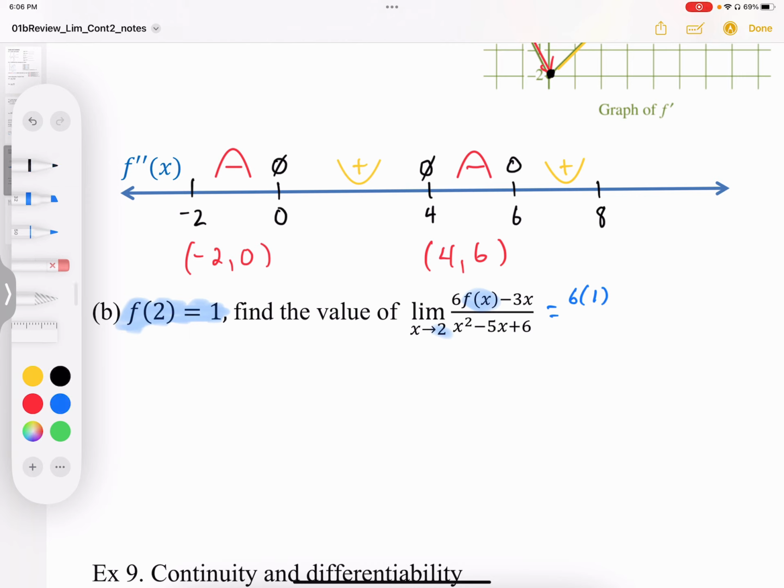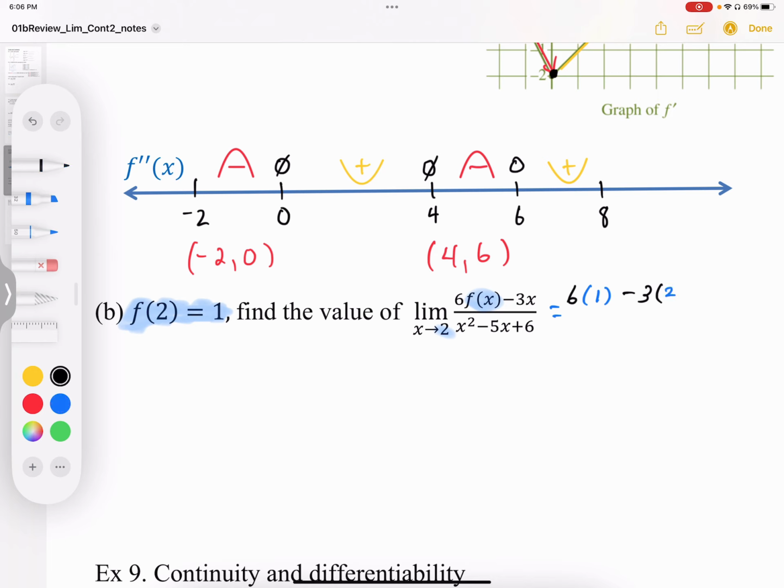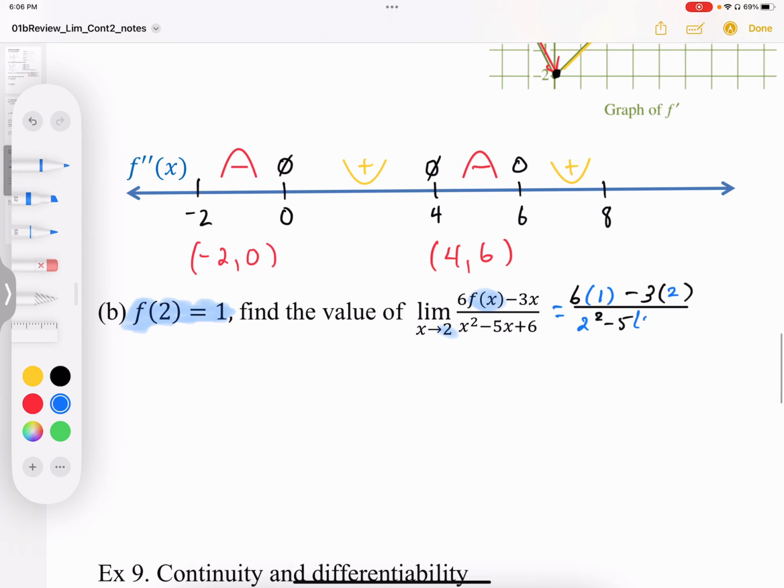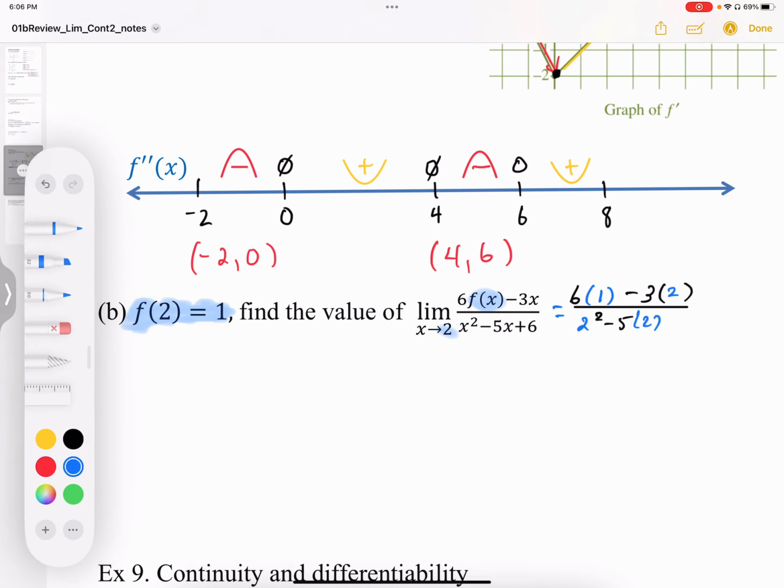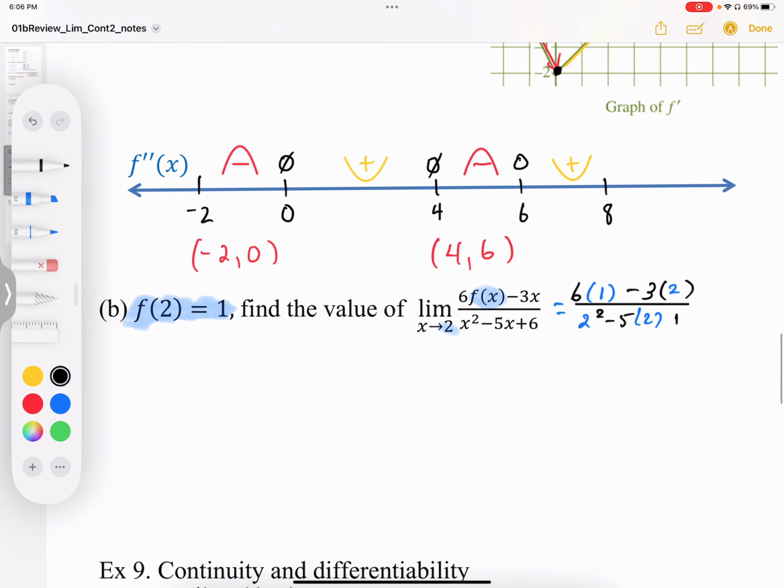So 6 times 1 minus 3 times the 2, which is the x that we're substituting in. And then in the denominator, we end up with 2 squared minus 5 times 2 plus 6. So we end up with 0 over 0.